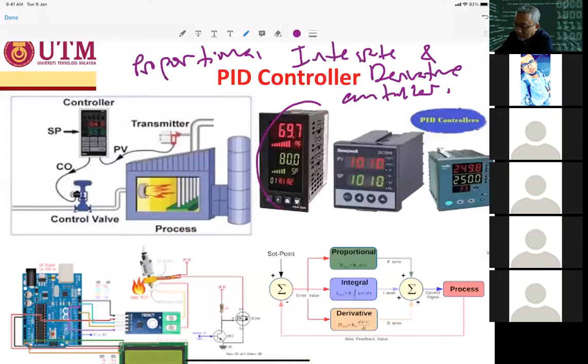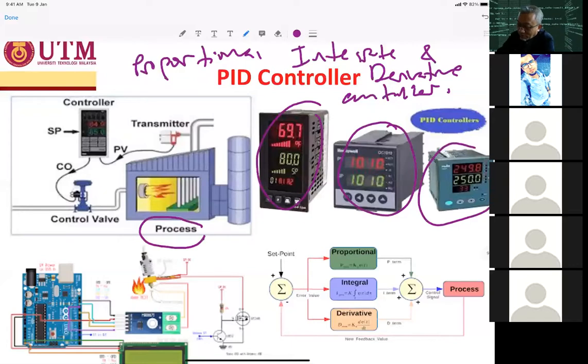This one is what you will face when you go for an internship with a company that has control technique. Usually it is applied in the process.